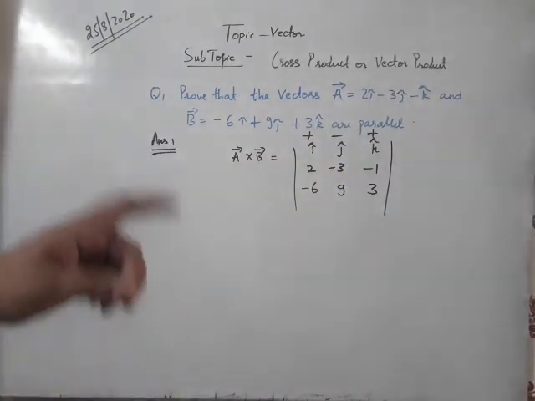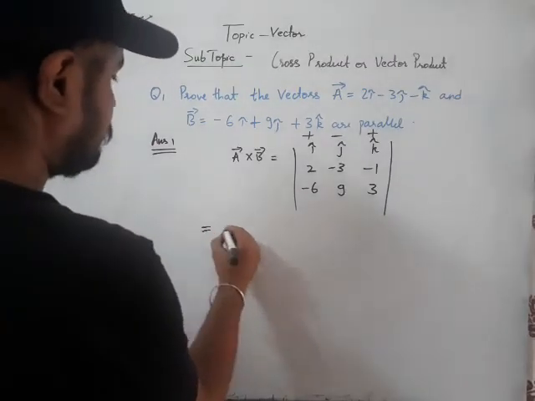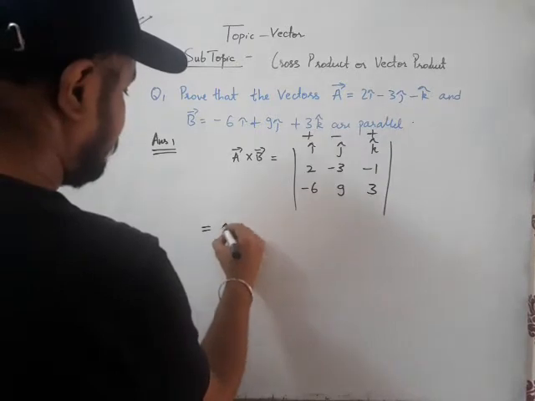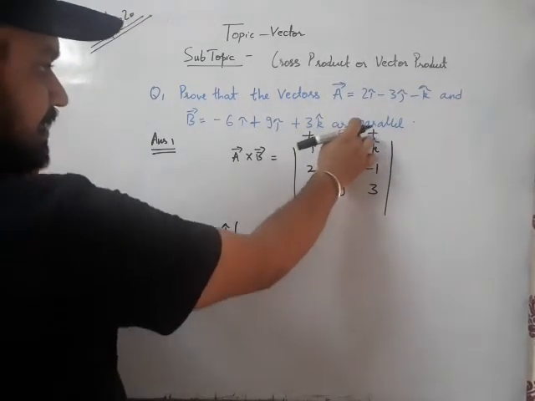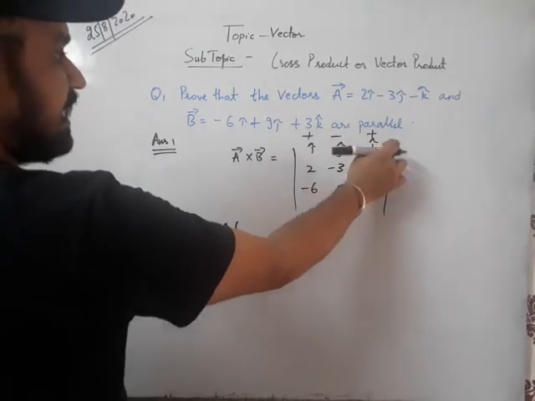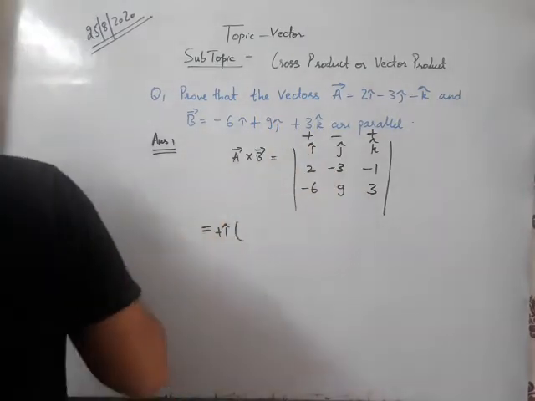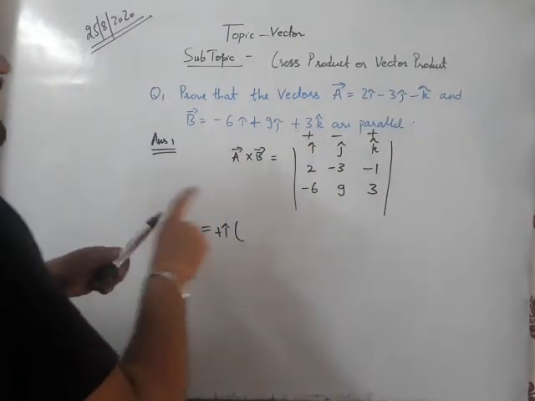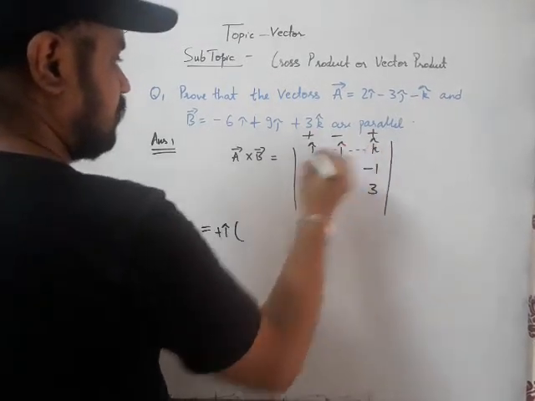Why I have written plus minus plus I will let you know later on. Just now we will be writing I cap. Now we will be writing plus with I cap, minus with J cap, and plus with K cap. Plus I cap will be equal to, now we will be neglecting the below column and front row.